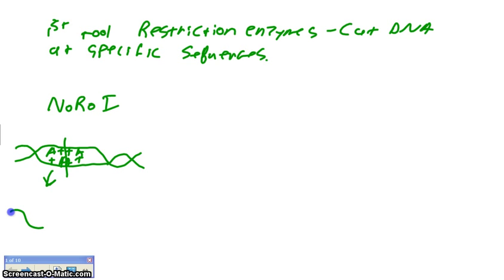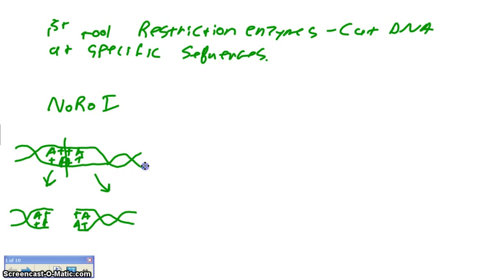So then we have a fragment of DNA with AT, TA, and our other fragment is going to have TA and a little bit longer, AT. That's the sequence it looks for.